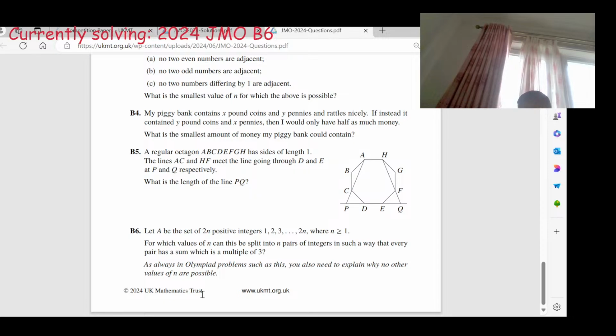If n is 1 mod 3, then something weird happens. I actually don't know. I'm just saying words. 2n is 4 mod 6. Wait. 4 mod 6. Yeah, 4 mod 6.